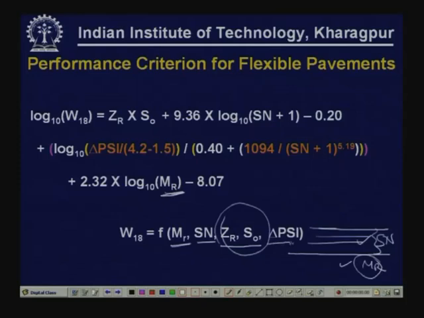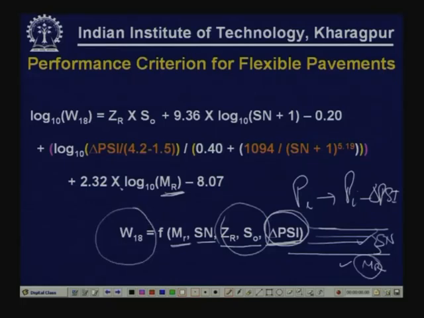Okay. So, the serviceability will be reduced from an initial value of P I to a value given as follows. This is the magnitude of loss in serviceability when the pavement is subjected to W18 repetitions of standard axle loads, when the pavement is built over a subgrade having MR strength, and when the pavement itself has a strength represented by SN.